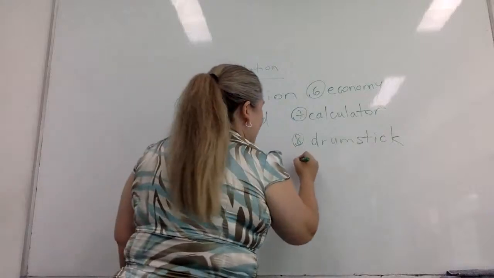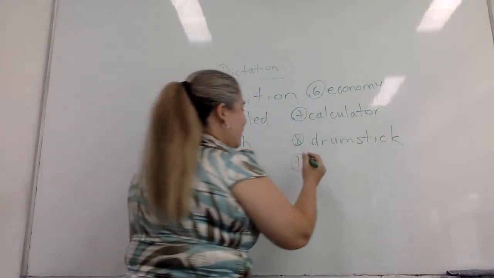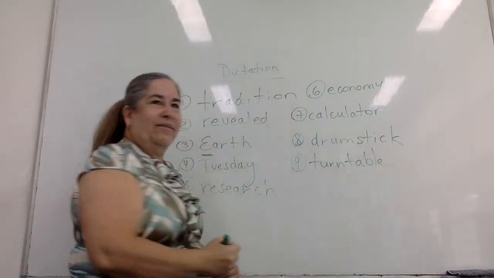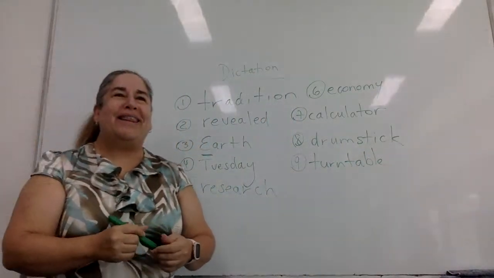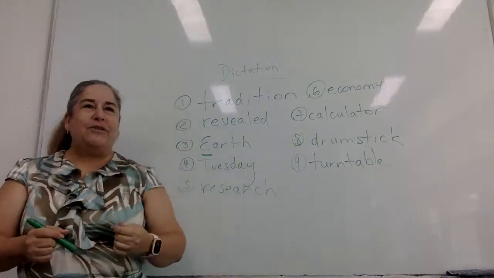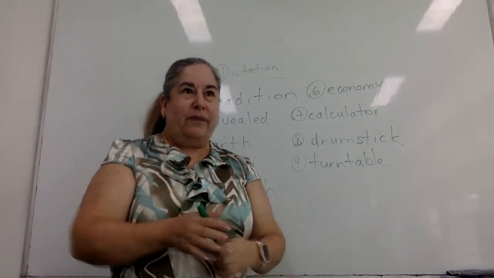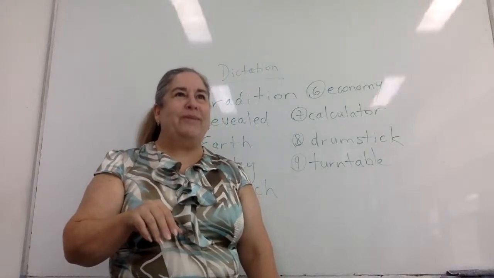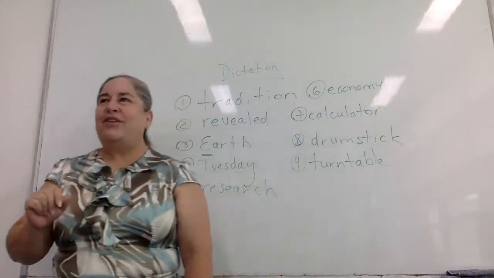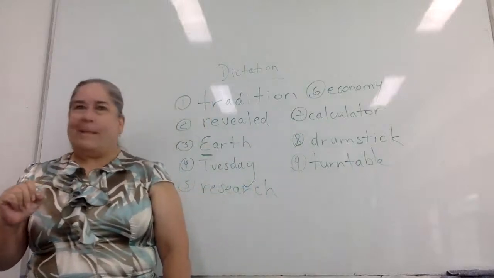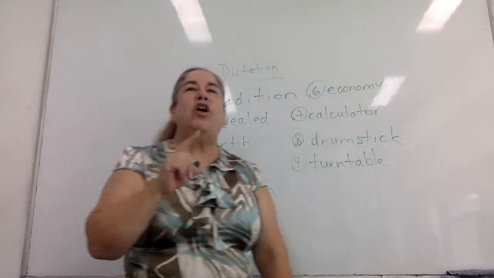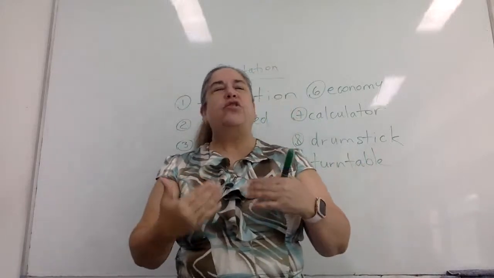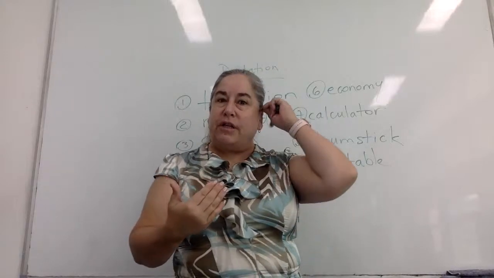Next one, number 9, turntable. Right? This is what you used to work with, right, Danny? You use the turntable to work when you're DJing. Turntable. And also when you go to a restaurant, it's also got another name, so we call it Lazy Susan.